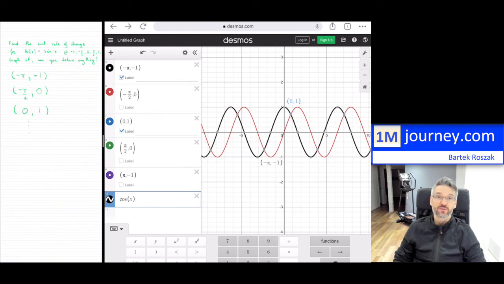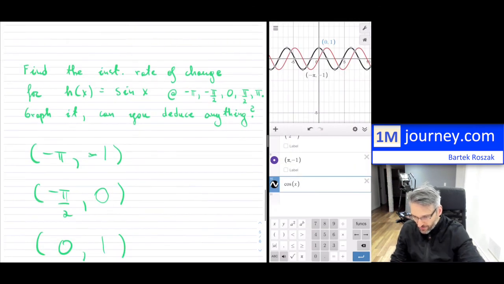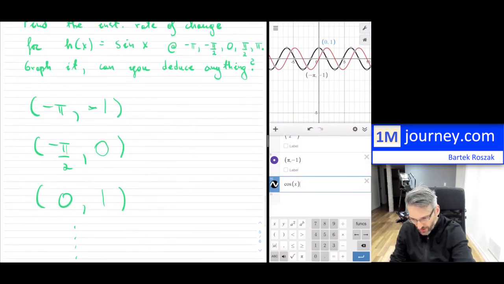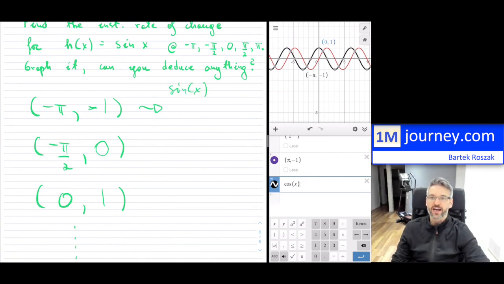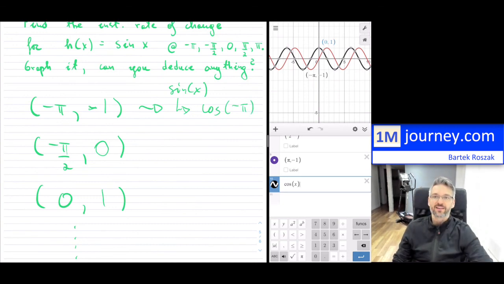So it turns out that the instantaneous rate of change at any point of sine of x is actually cos of x at that point. So if we wanted to find out the instantaneous rate of change of sine of x at negative pi, then that is equal to cos of negative pi, which indeed is negative 1, right?